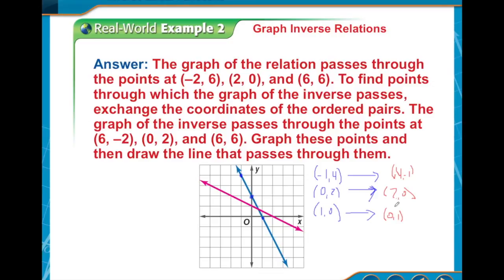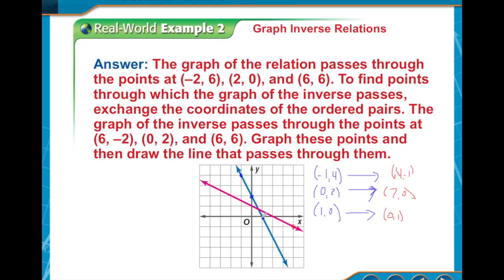So since these would be points on the inverse line, we can then plot these points and see what our line would become. So if I go over to 1, 2, 3, 4, -1, I would plot this point. We're assuming now this line's not already here. We're trying to find it. And that's how this is proving how we would get there.